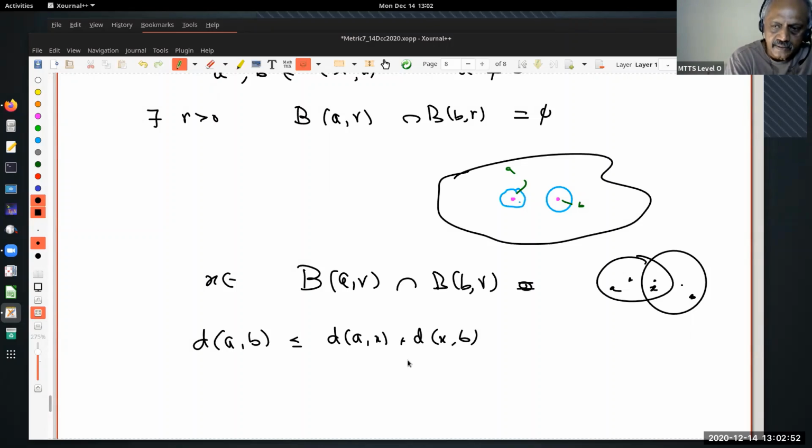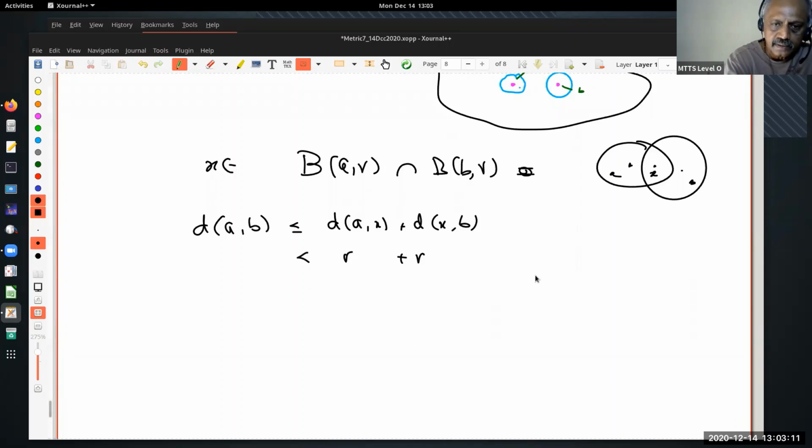You understand that? This is less than r, and this is less than r, right? Therefore, the distance between a and b is less than 2r, that is, 2r must be greater than the distance between a and b.